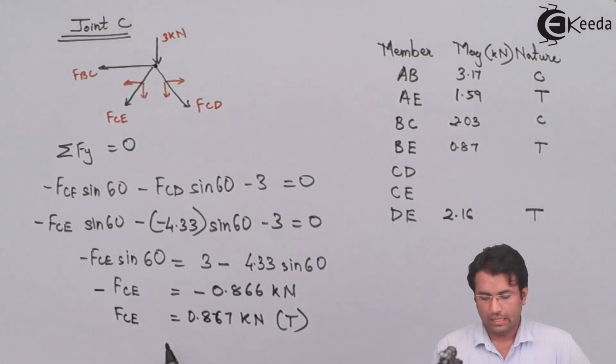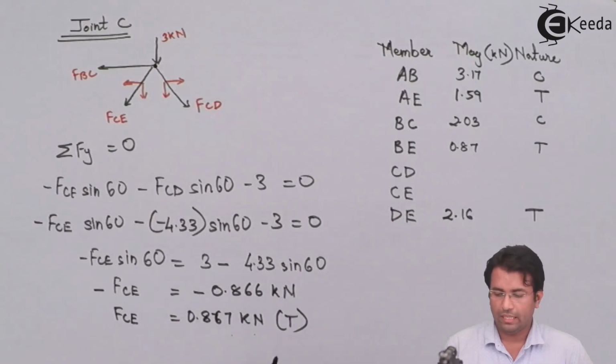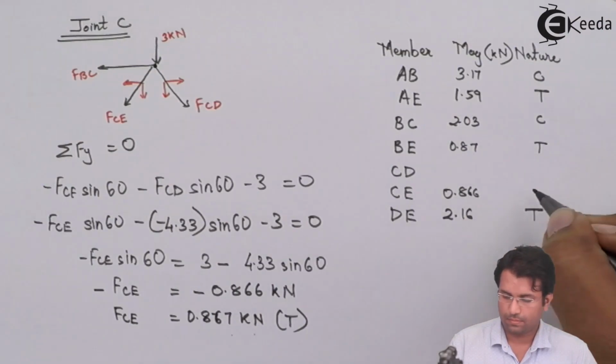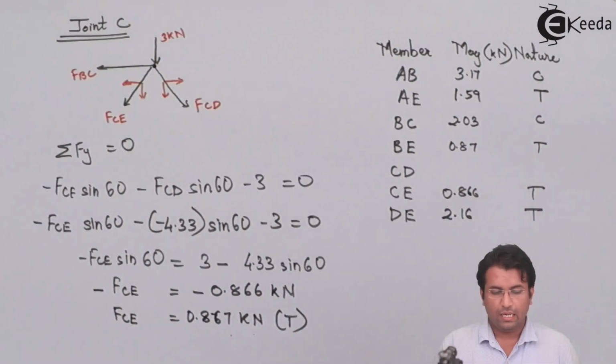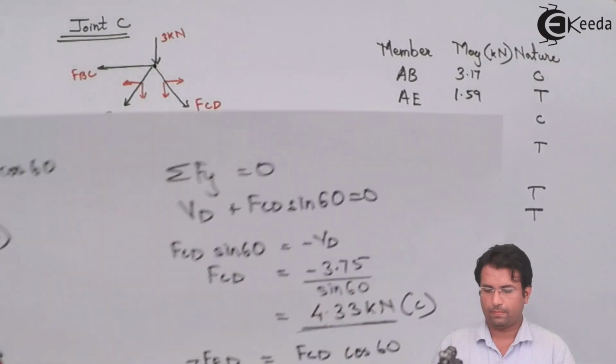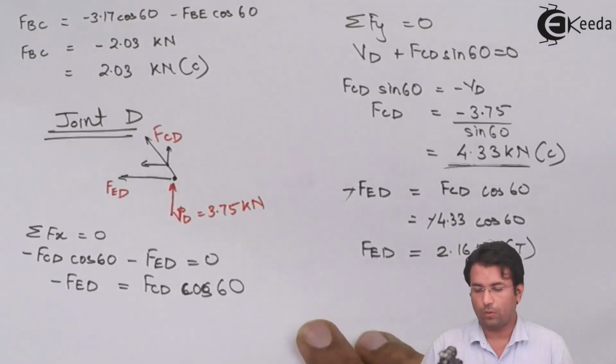Force in member CE is 0.867 kilonewton tensile. And lastly, the force in member CD is over here and it is 4.33 kilonewtons compressive.